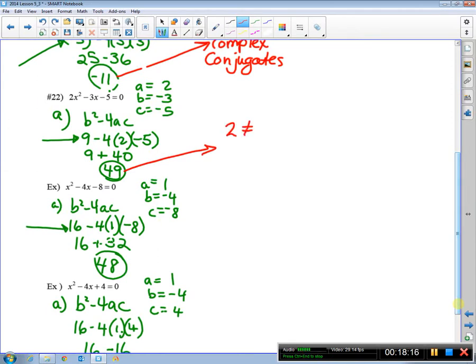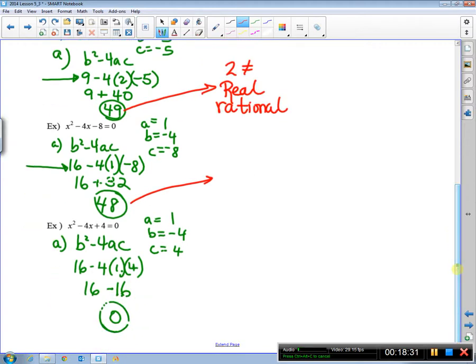2 unequal, 49 under the radical. Definitely real, definitely nice. 48 under a radical. Definitely real, but it's not going to simplify, so it's irrational.